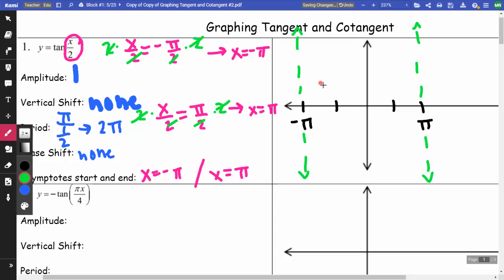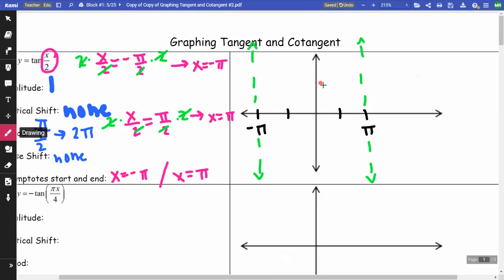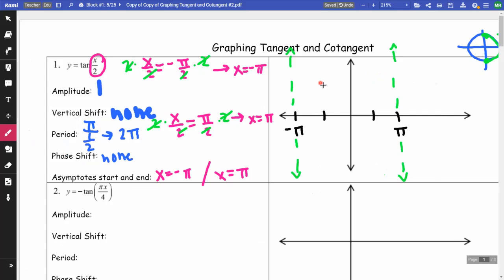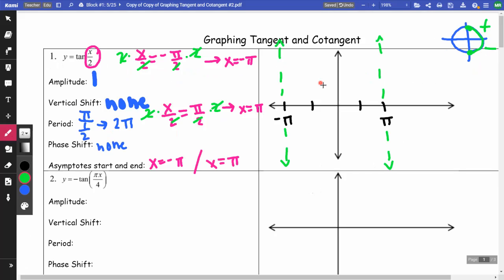And remember, when we're dealing with our tangent, okay, I'm just going to draw over here real quick. When I'm dealing with my tangent, I am going from here to here. So I'm going to do negative and then positive. I always start with my 0, because my 0 would be this one right here at 0.